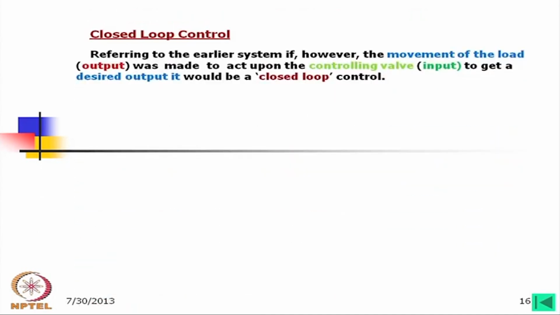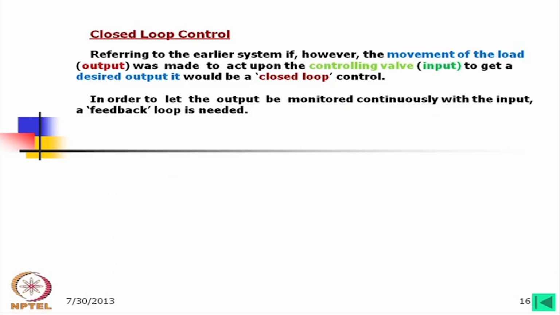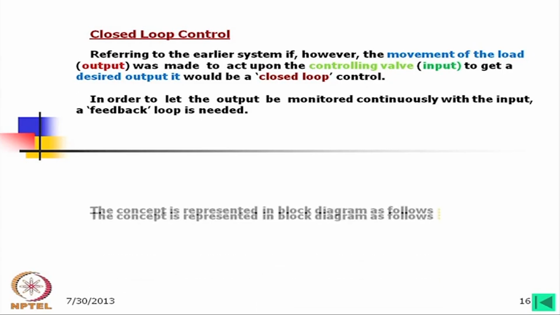Now, what is closed loop control in fluid power? Referring to the earlier system, if however, the movement of the load was made to act upon the controlling valve to get a desired output, it would be a closed loop control. In order to let the output be monitored continuously with the input, a feedback loop is needed.